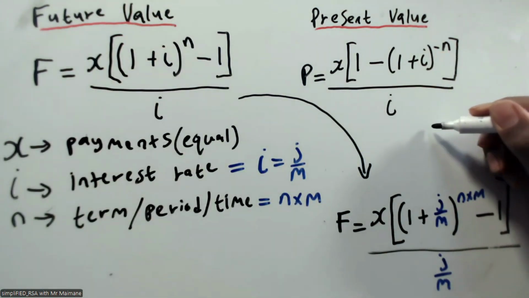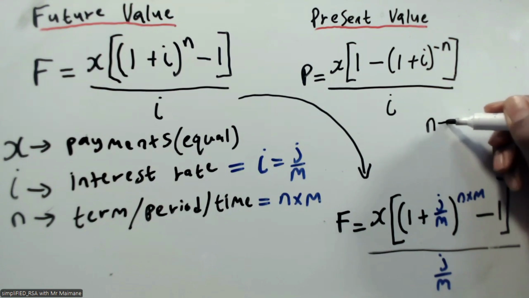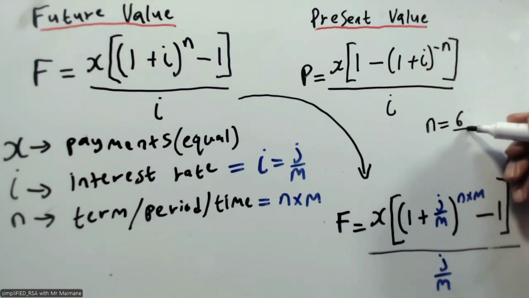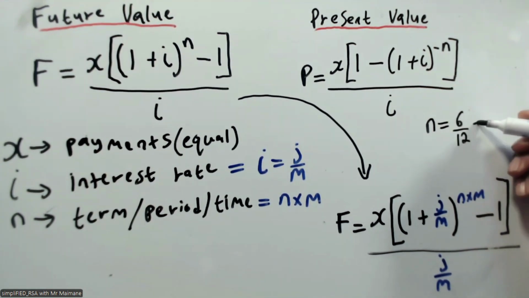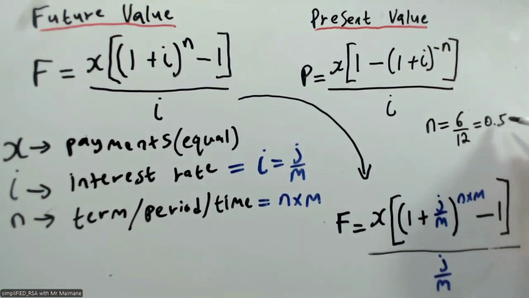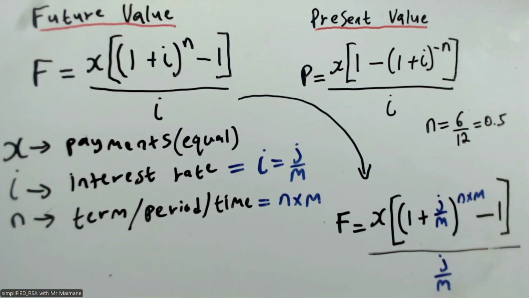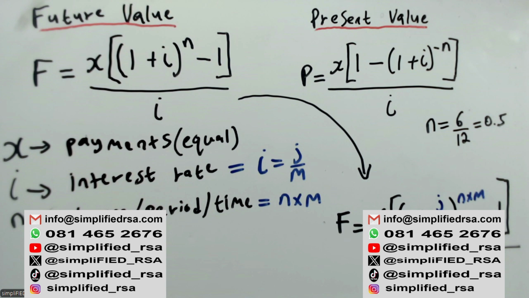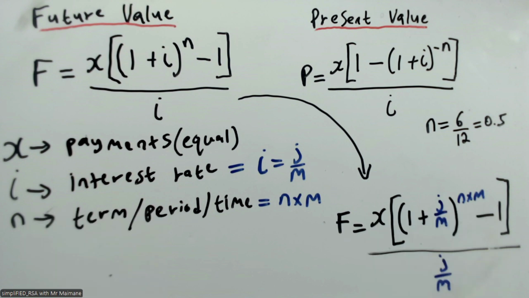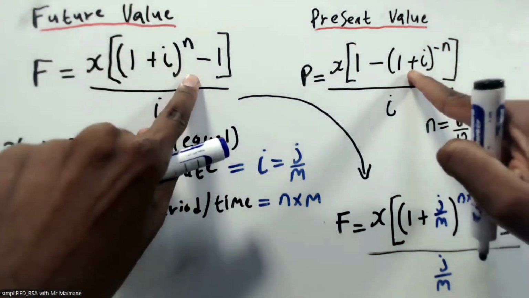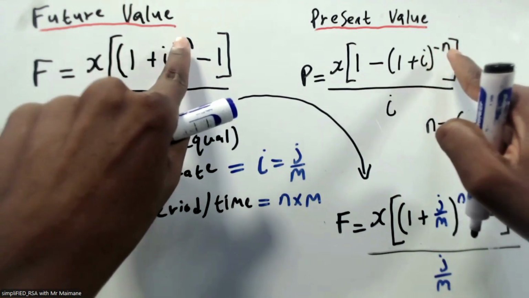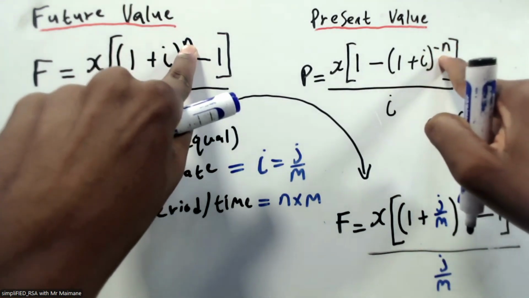I will say N is equal to 6 divided by 12, since I have 12 months in a year. This gives me 0.5, which means half a year, or 1 over 2. Sometimes they may say the payments are done for a couple of months or days or weeks. But before I can substitute the value of N into the formula, I must make sure I convert N into years all the time.